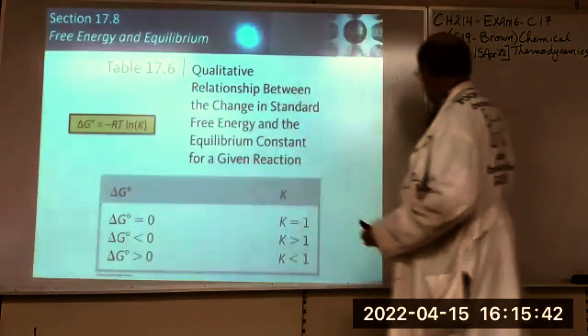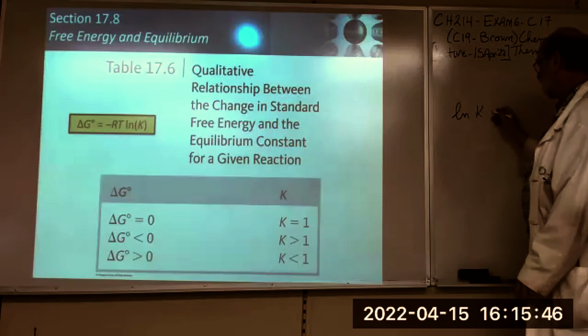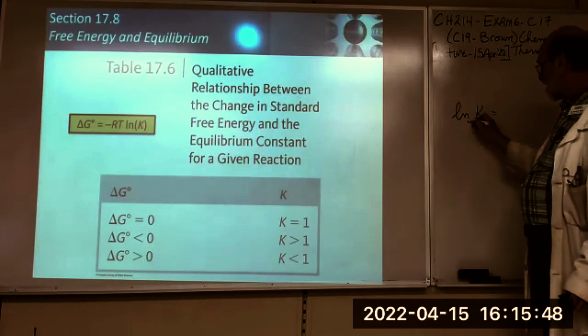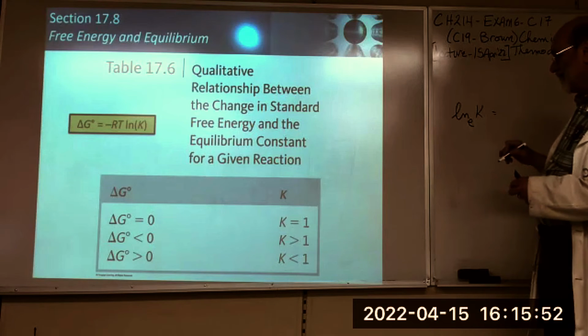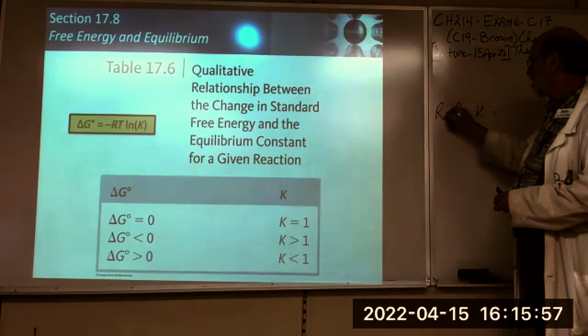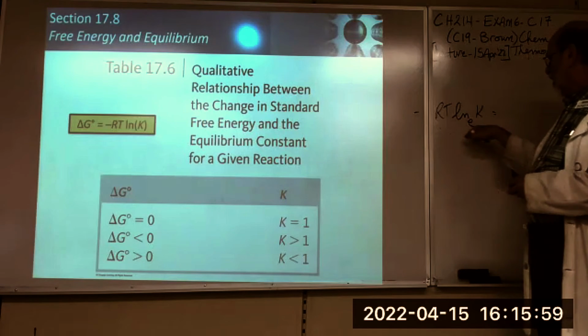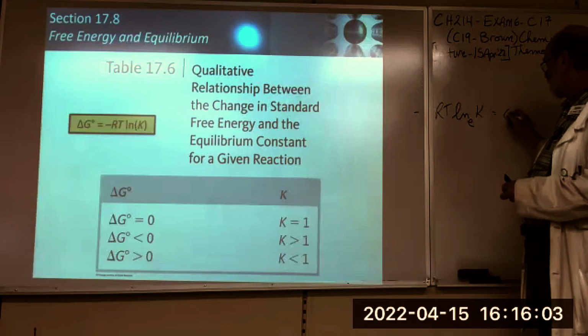Because the natural log of K is equal to some value, and you've got R and T out here. Where is delta G equal to 0?